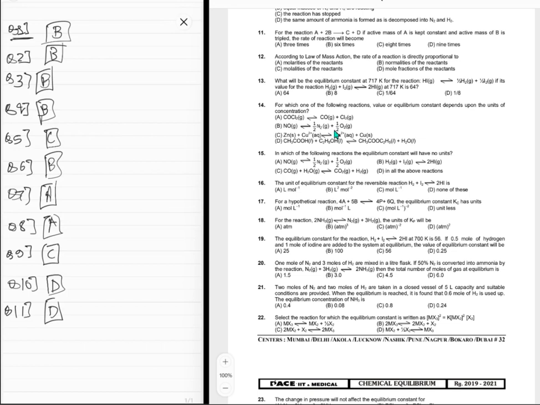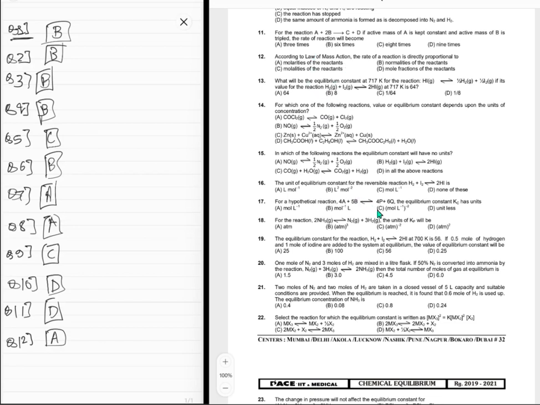So the rate of reaction is proportional to... for beginner level, you could say it's molarities because that's what we generally do. But for the whole complete thing, we should also take the stoichiometric coefficients into account. So this is just a bad question.